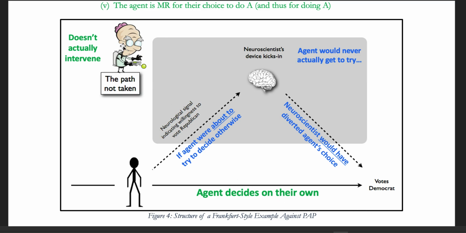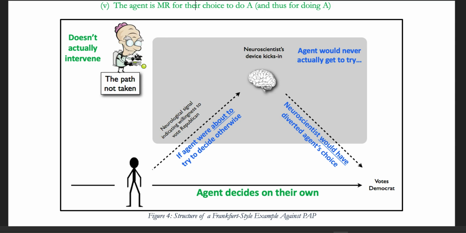Now, there's this counterfactual intervener here, this neuroscientist who has done something to the agent or knows something about the agent, has some really powerful knowledge or some powerful mechanism, so that if the agent were about to try to decide otherwise, there would be some signal to the neuroscientist.